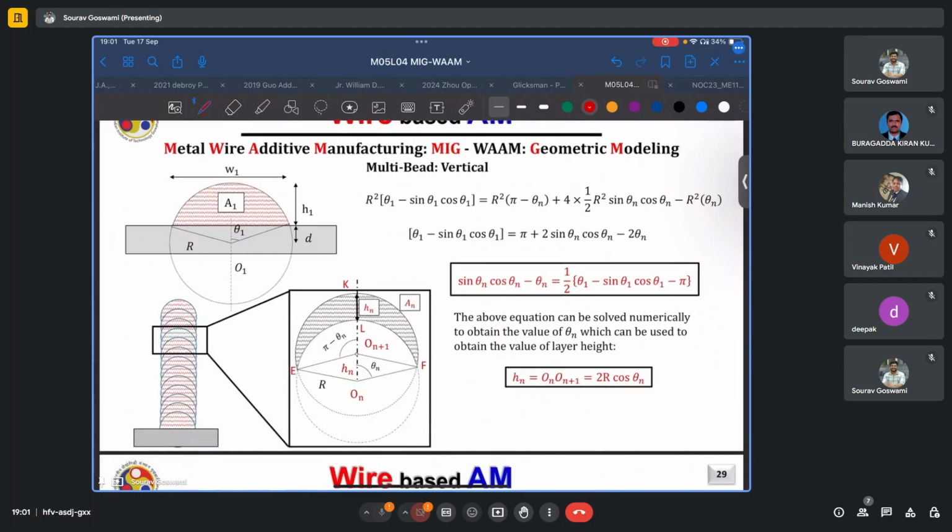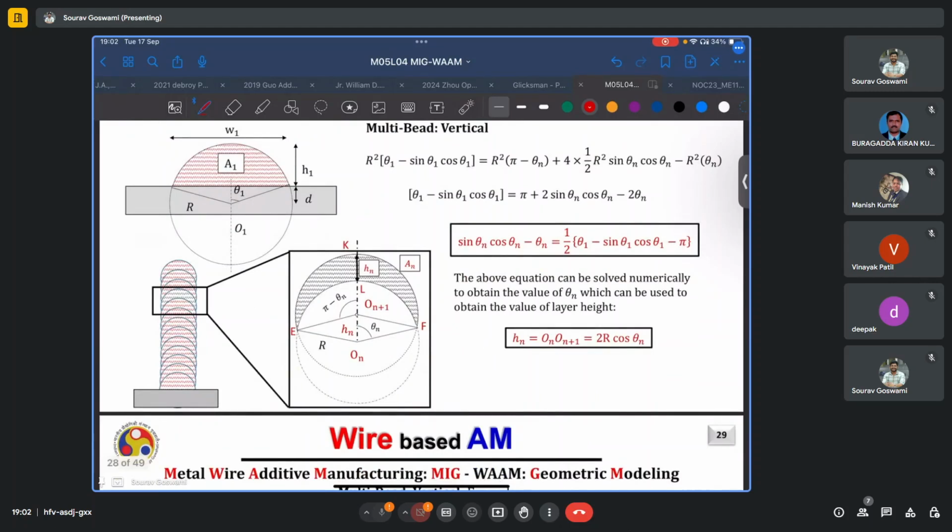That gives us this nonlinear equation in terms of theta n, cos theta n and sin theta n: sin theta n cos theta n minus theta n equals half of theta 1 minus sin theta 1 cos theta 1 minus pi. And Professor Kapil suggests that we can use commonly available numerical methods to solve such an equation. It might not be easy to solve it algebraically or by simple algebraic means, but it can definitely be solved numerically.